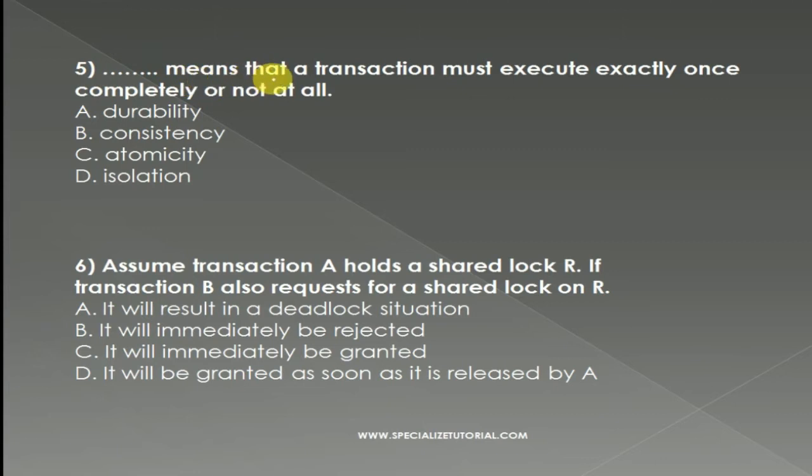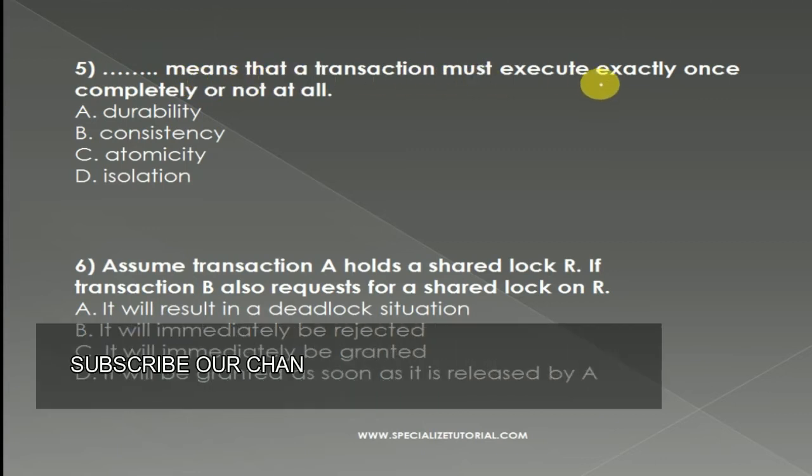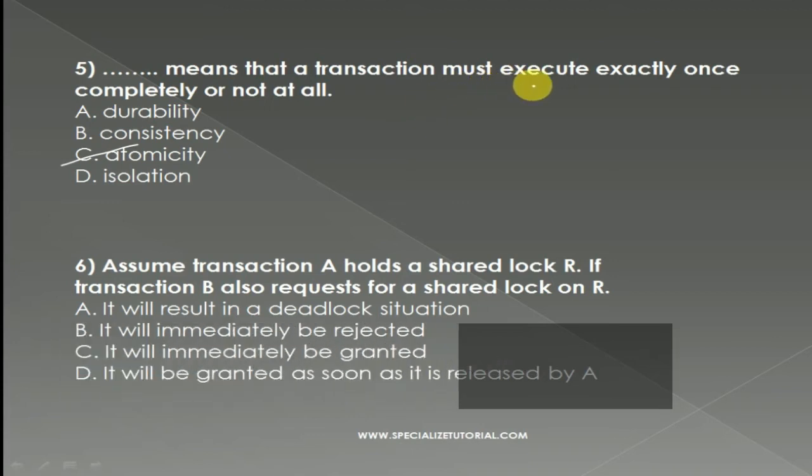Which one means that a transaction must execute exactly once, completely or not at all? Durability, consistency, atomicity and isolation. So C, atomicity means that a transaction must execute exactly once, completely or not at all.